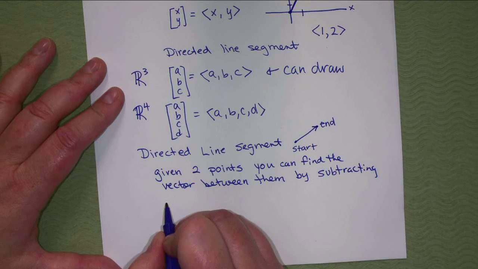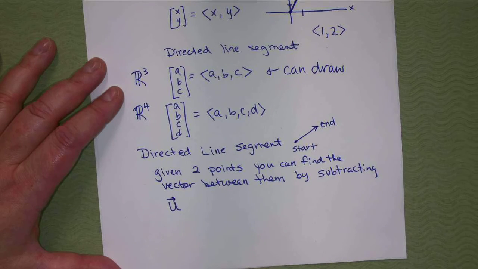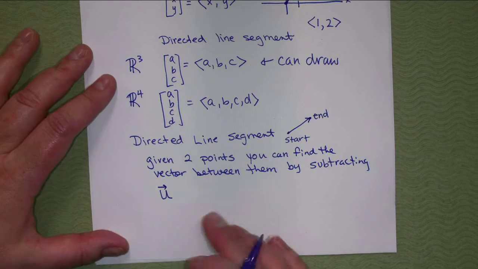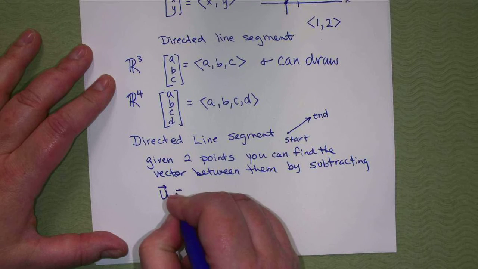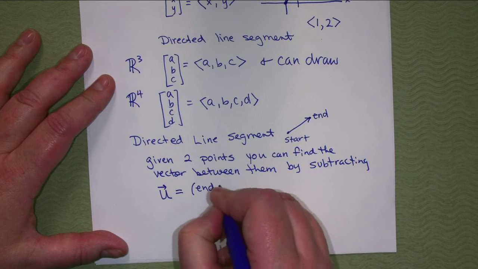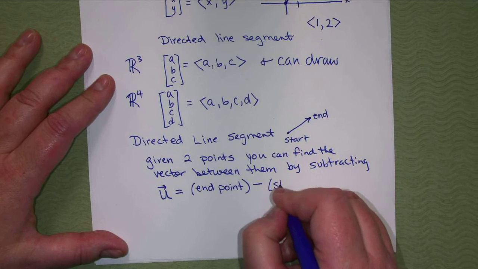So what that looks like is a vector, say vector u. To show a vector, instead of just a letter u, we'll put a little arrow on top. That's a little vector symbol. So the vector u is given by the end point minus the start point.